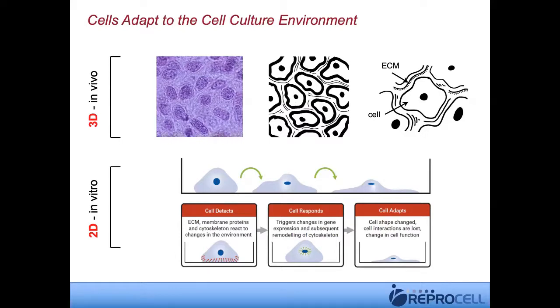So a cell which is adapted to a flattened two-dimensional configuration may well have different behaviors to its native counterparts, and this in turn can influence the behavior of that cell in response to drugs, or what questions you're asking of that cell culture. So it's really important to be aware of this.